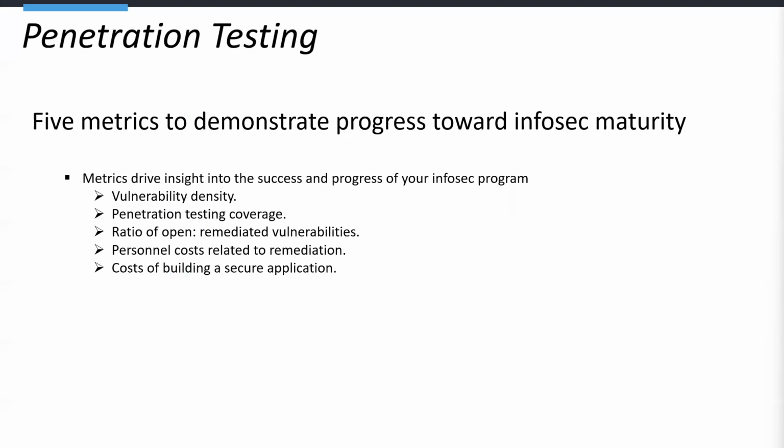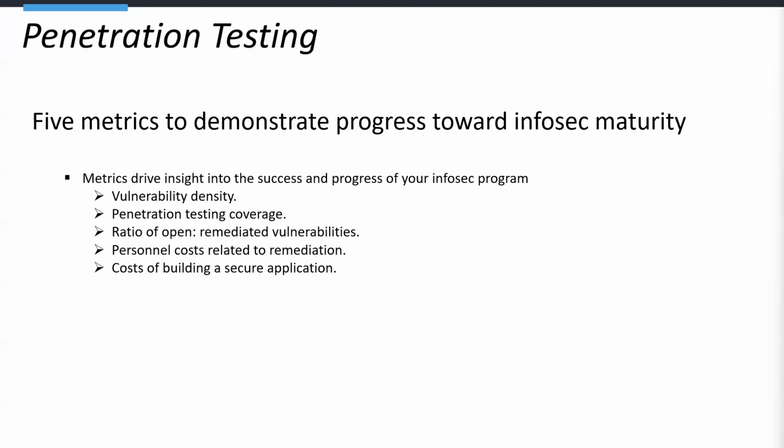And next is the ratio of the open vulnerabilities. So these measures show how fast and effective your organization is at remediating security issues.